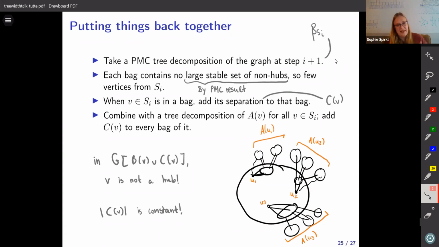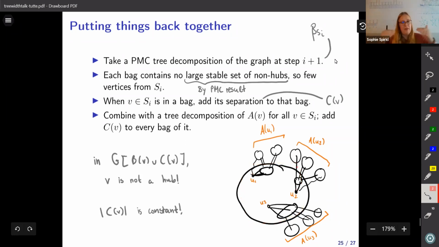And this is the one last time that wheel centers come into it. In the middle, the vertices called U aren't wheel centers because what we just did to get to the middle is break all their wheels. So that means in the middle, if we found a tree decomposition, each bag has few of these guys.